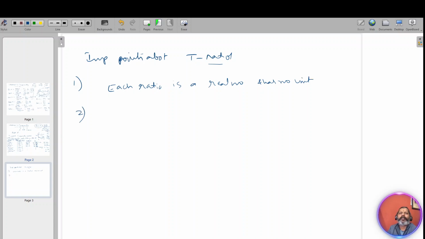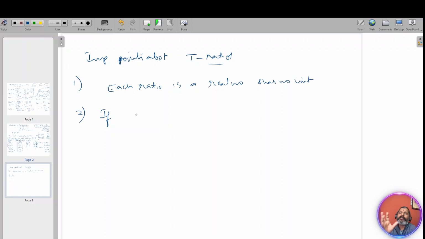Okay, this is the first important point. Whenever you calculate the sine or cos of an angle, you don't write units there. Okay, then, if you know any one ratio, we will be studying this in coming classes. If you know any one ratio like sine, we can write all other ratios in terms of sine.